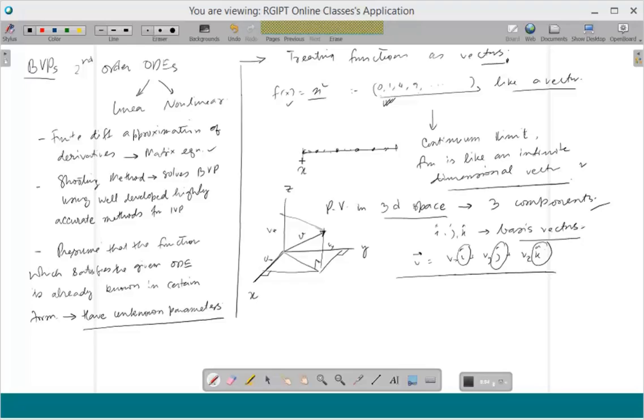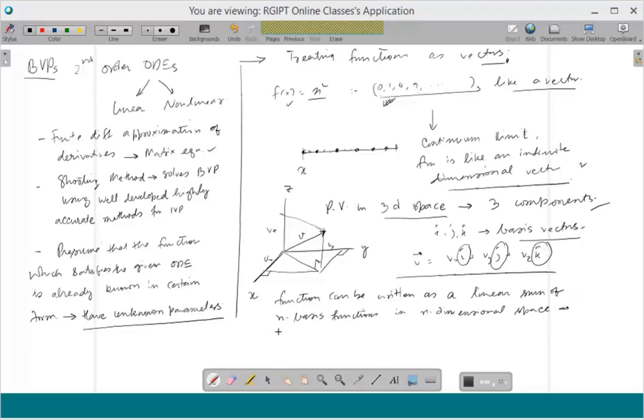Okay, a function defined at n discrete points, meaning the function value is defined at n discrete points, can be written as a linear sum of n basis functions in n-dimensional space, meaning that it has n unknown values.